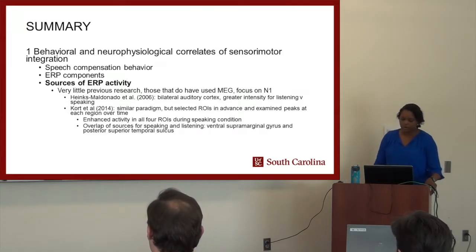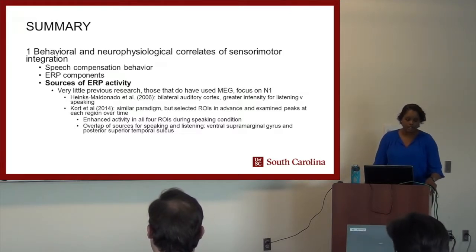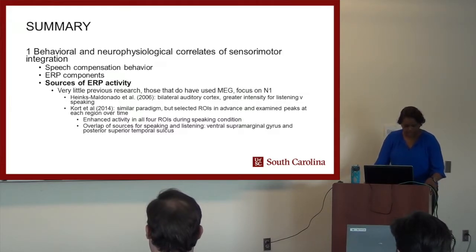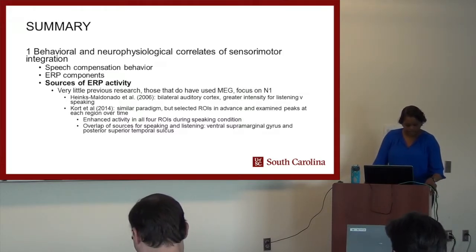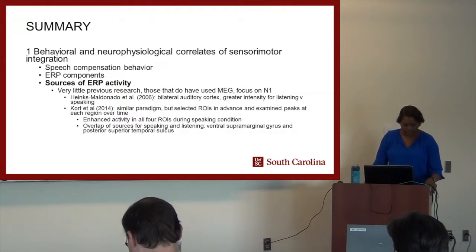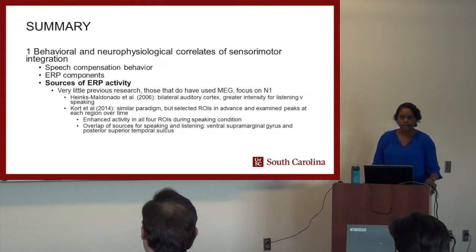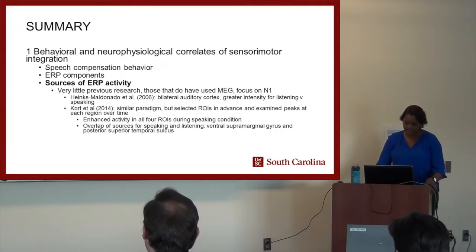And Court and colleagues conducted a study in 2014 with a very similar paradigm to what we've done here. However, they selected their regions of interest in advance and looked at peaks at each region over time. The ROIs that they included were the primary auditory cortex, superior and middle temporal gyri, ventral supramarginal gyrus, and posterior superior temporal sulcus, as well as premotor cortex.